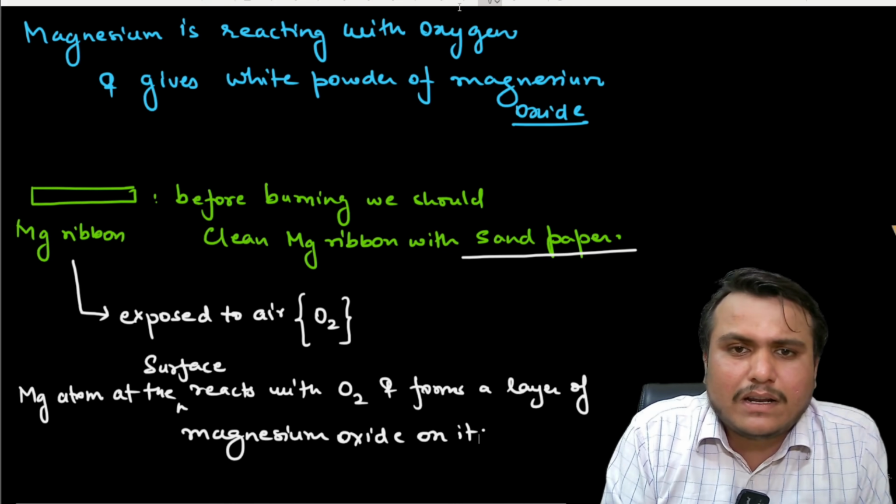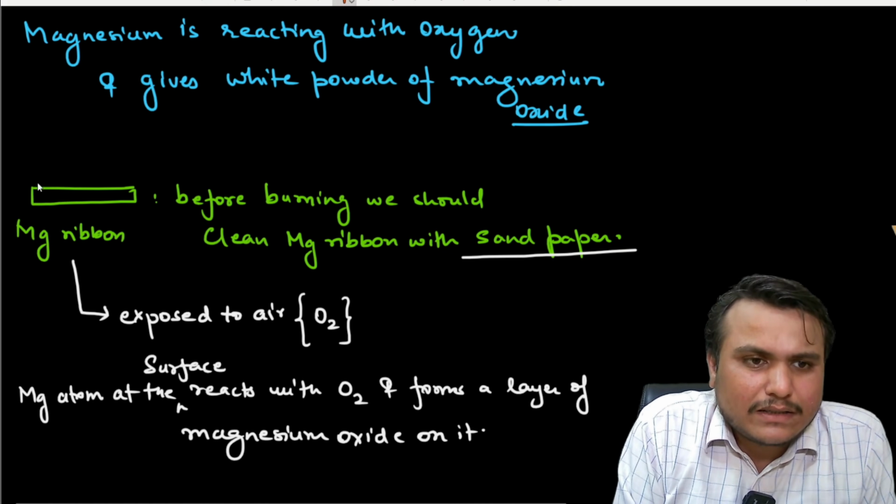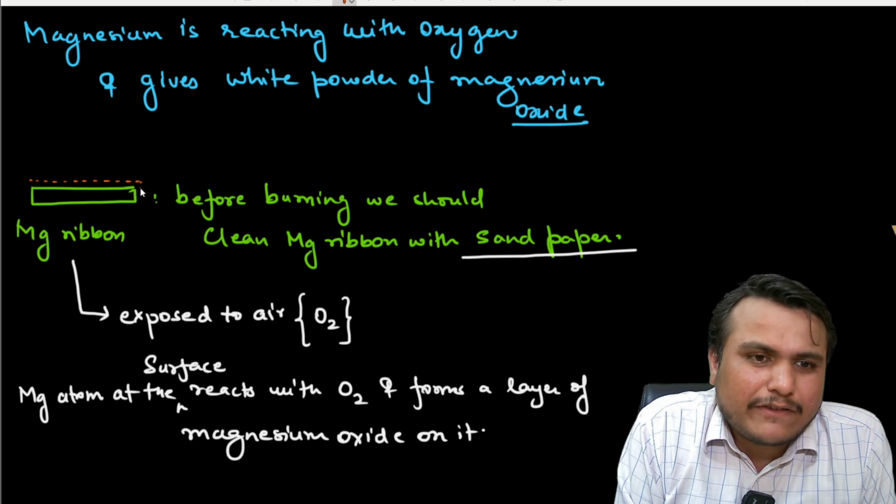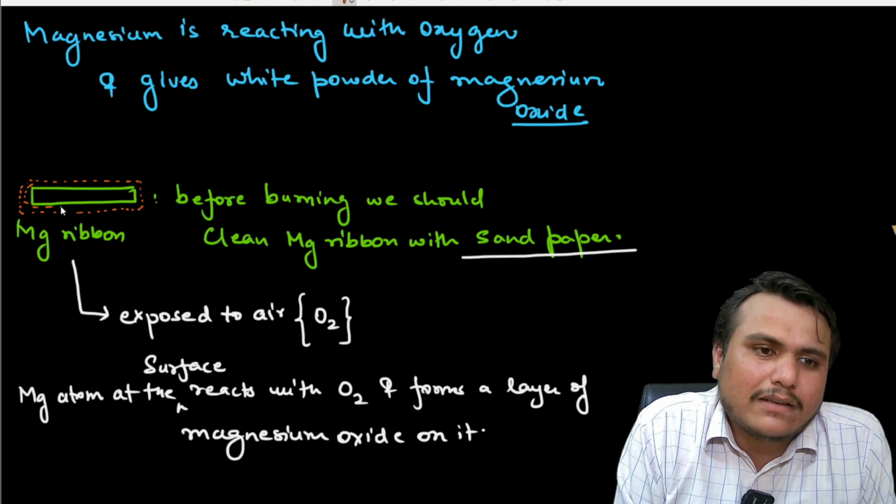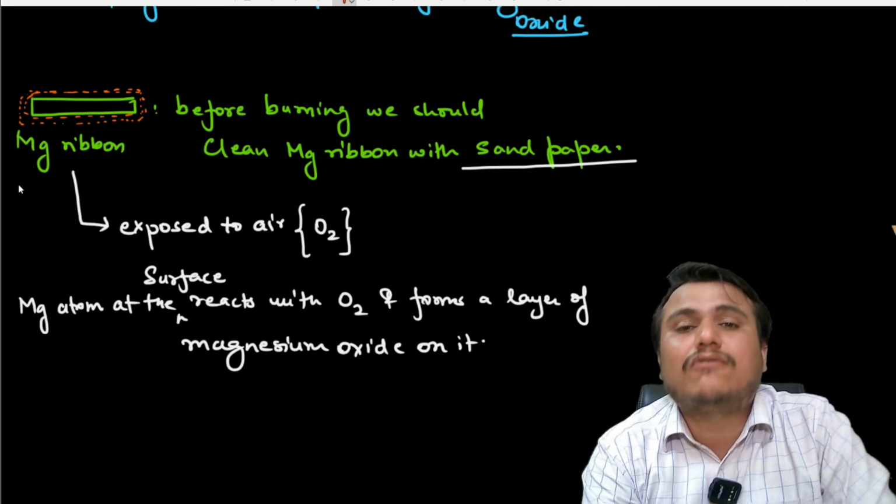So what will happen? Let's suppose like this, the surface magnesium reacted with oxygen and a layer of magnesium oxide has formed like this. Okay, so now what will happen? This magnesium oxide layer will stop it from further reacting with oxygen.